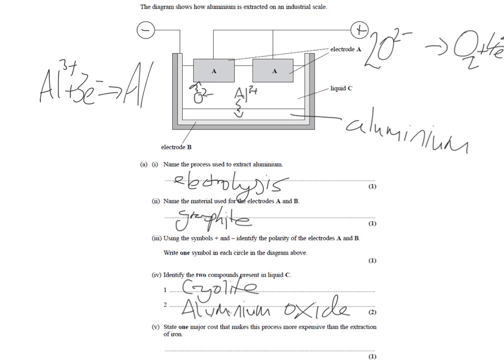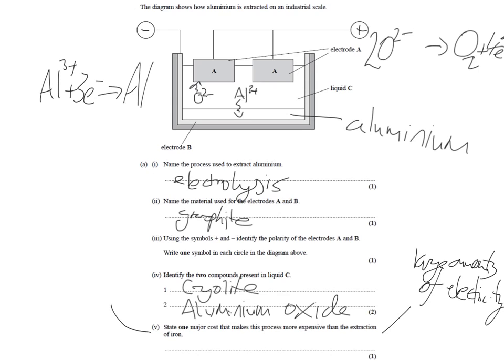Now the next question is state one major cost. Now please don't put more than one down, it's only asking for one. So a major cost is the large amounts of electricity. So you often find aluminium extraction plants built near power stations.